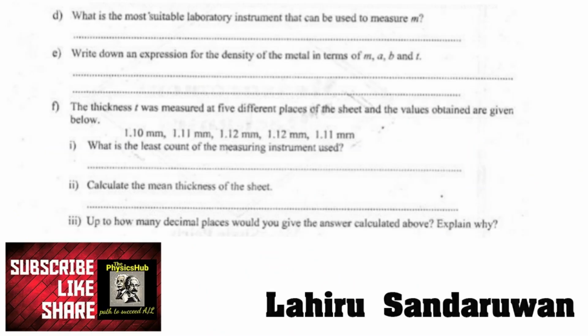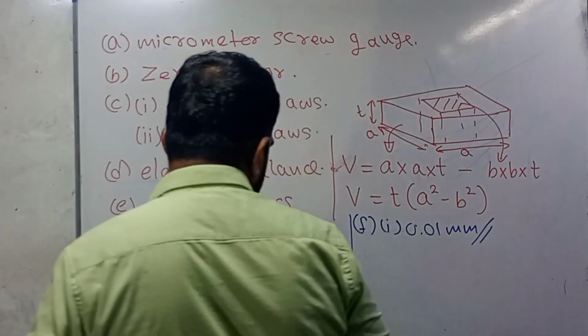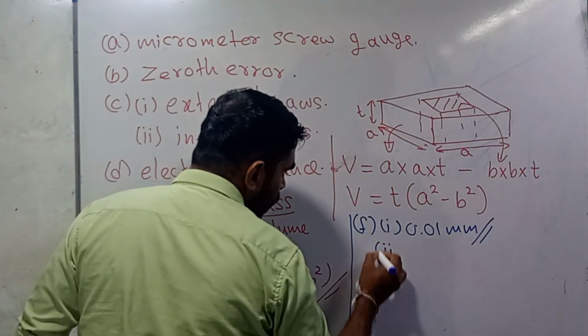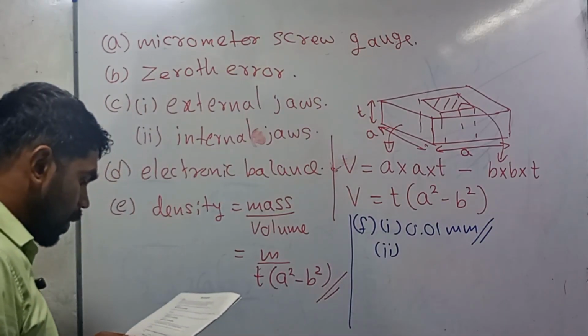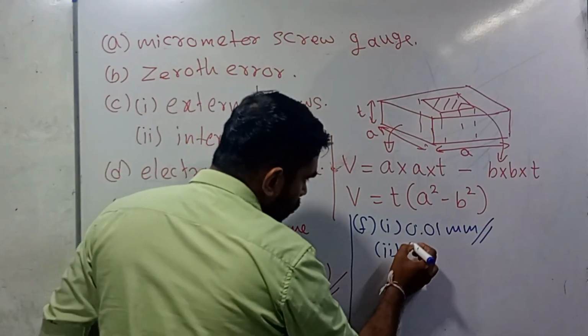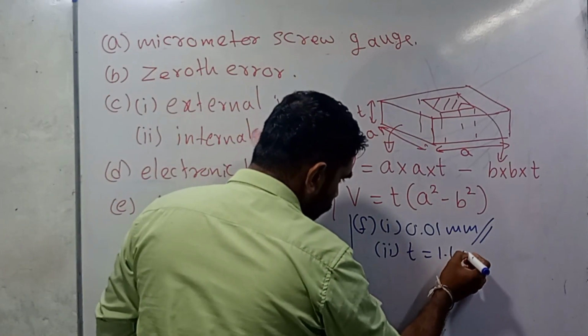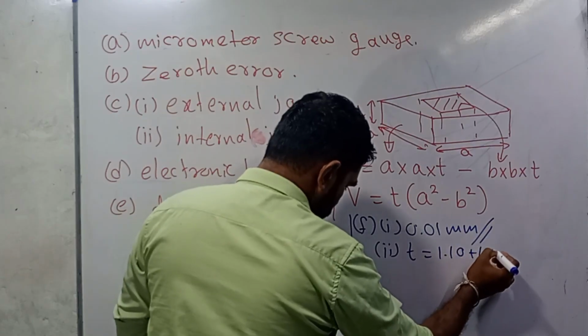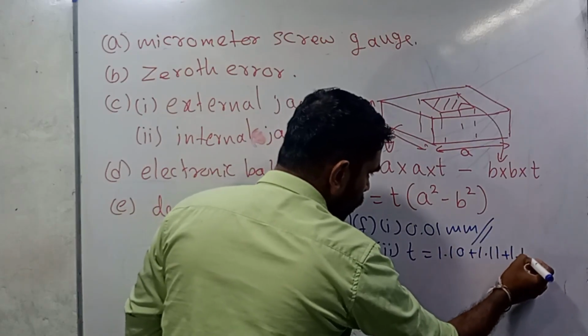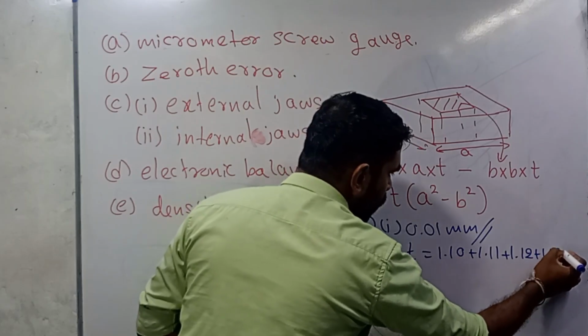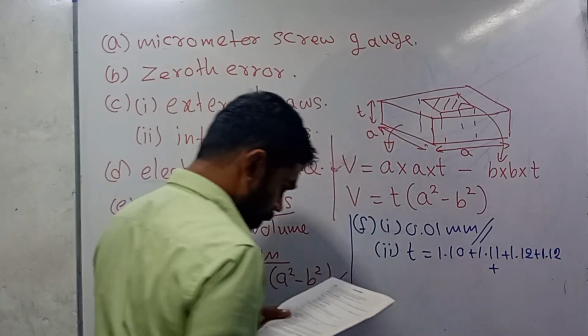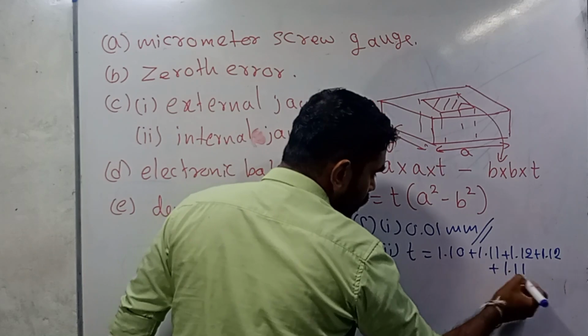Then part 2, calculate the mean thickness of the sheet. When calculating the mean thickness, we have to add all the given values. There are 5 values. We can get thickness 1.10 plus 1.11 plus 1.12 plus 1.12 plus 1.11.